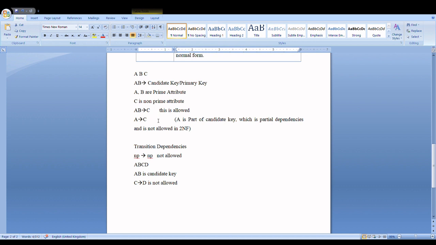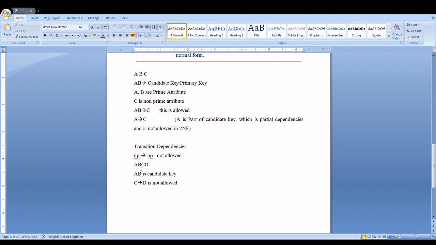As you know what is a prime attribute and what is a non-prime attribute, if in any dependency there is non-prime to non-prime, it indicates that it is a transitive dependency. Clear? If there is non-prime to non-prime, it is a transitive dependency and it is not allowed in 3NF. If any of the dependencies has this type of dependency, then directly it is not in 3NF.